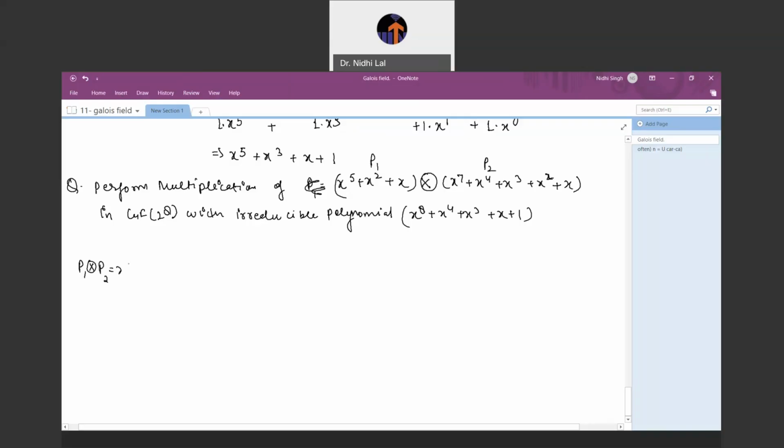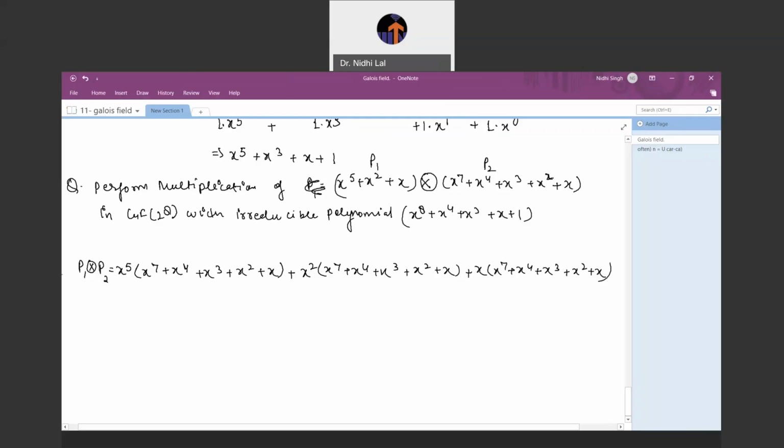So x5 should be multiplied by the terms of P2, because we have followed the distributive law. x square will be separately multiplied by all the terms of P2, plus x, x7, x4, x3, x square and plus x. Right? So just perform the multiplication.